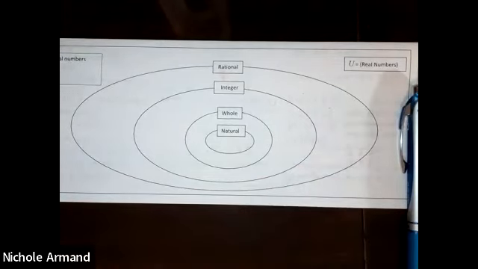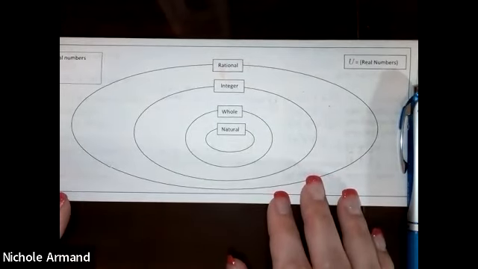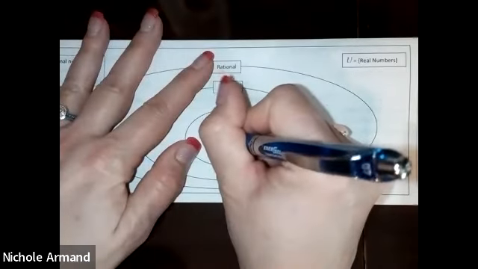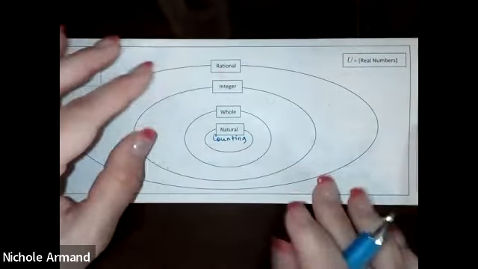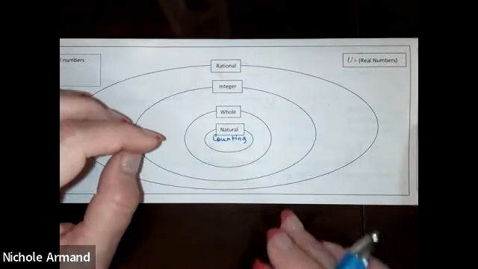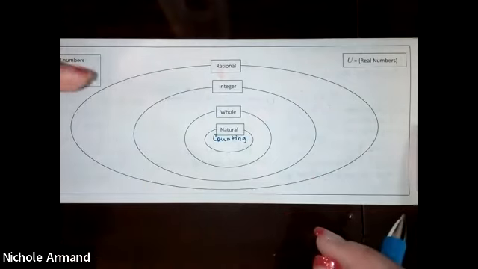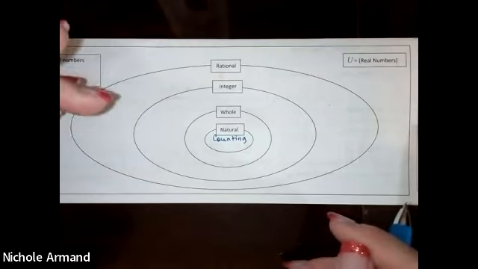So the natural numbers are also called the counting numbers. What is the natural number to use if you were to start counting something? What number do we start with when we're teaching children to count?